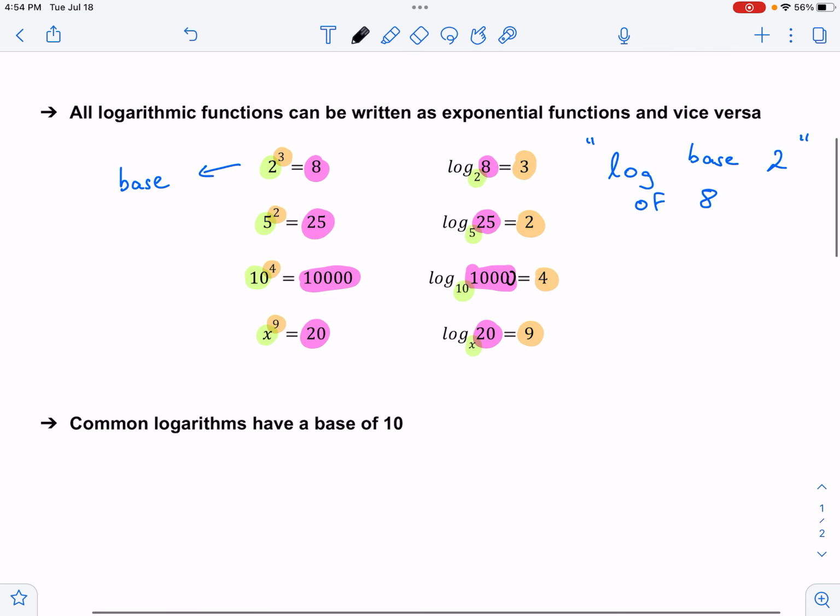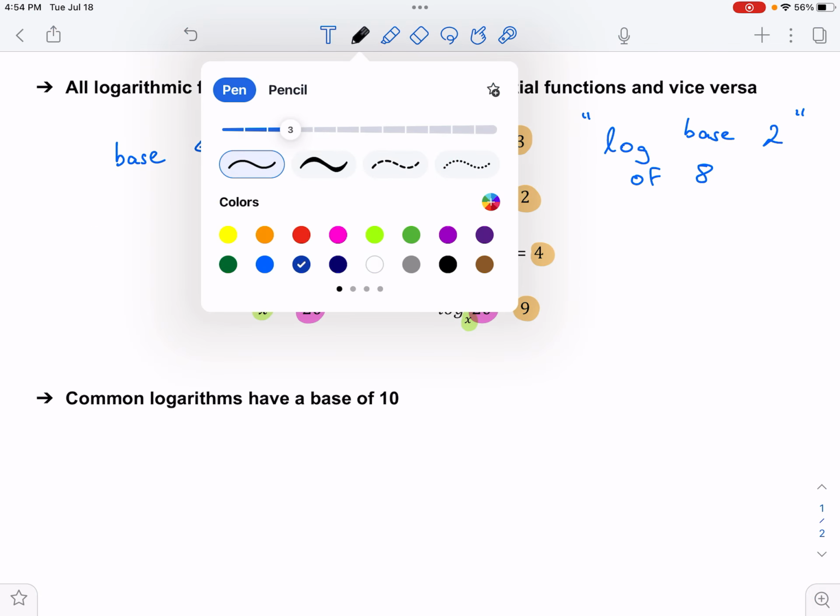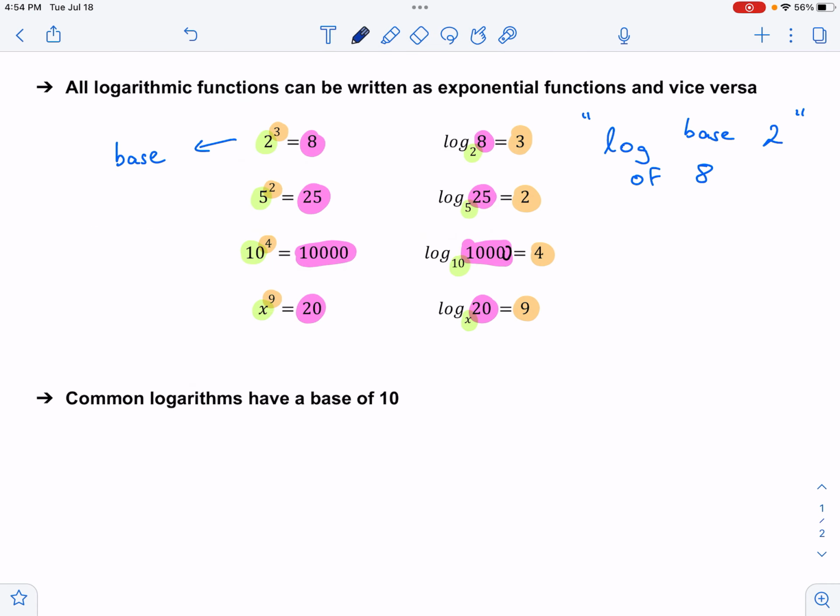Now, common logarithms, the ones that we are primarily going to be working with, all have a base of 10. So for example, log base 10 of 100,000, okay? Now, when they have a base of 10, you actually don't need to write the 10.